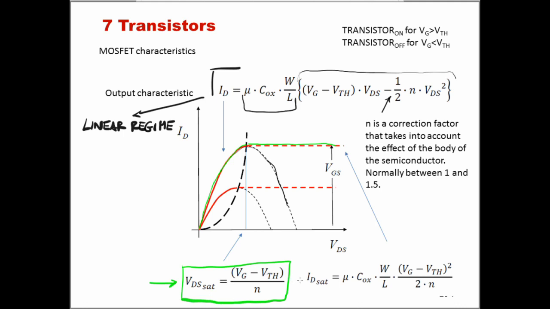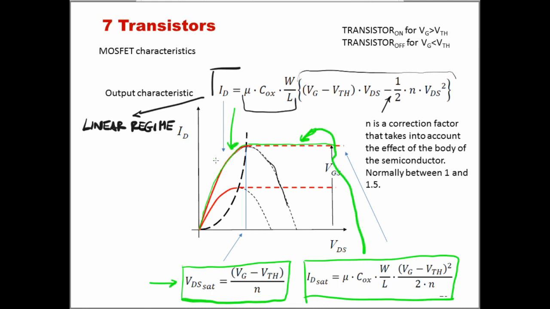And so by substituting it into our linear regime formula, we can calculate the formula that effectively gives the second part of the output characteristic, that is this one here. So this part of the characteristic is given by this formula, while this part, the first part, is given by that formula.